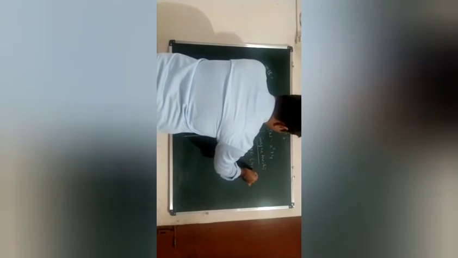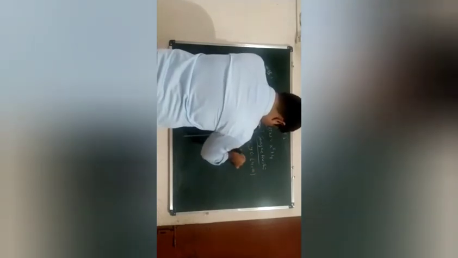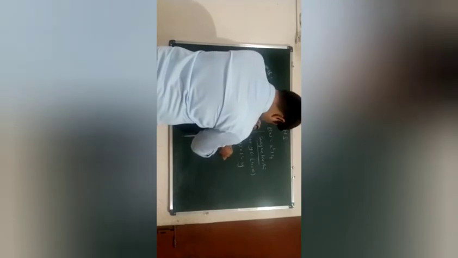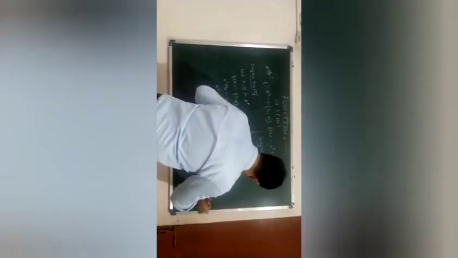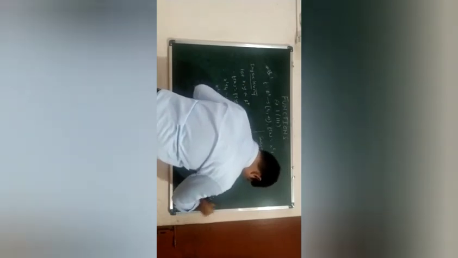Now let us check the surjectivity. For this we will consider one element y belonging to the codomain such that f of x is equal to y. Therefore x square plus 4 is equal to y. Therefore x square is equal to y minus 4, and therefore x is the square root of y minus 4 for all y belonging to 4 to infinity.